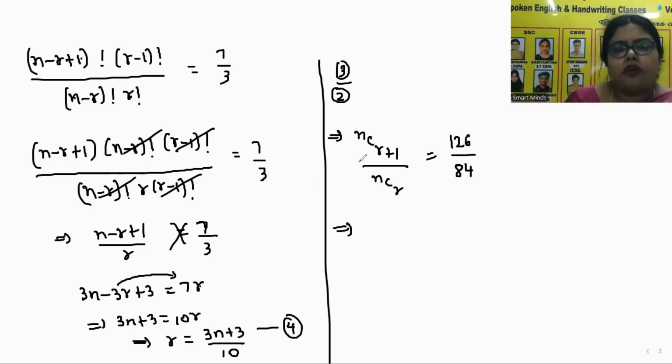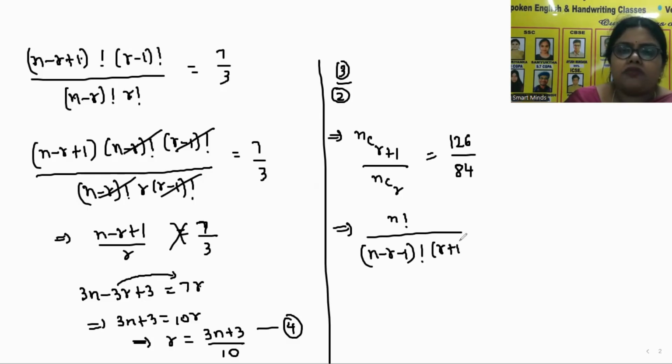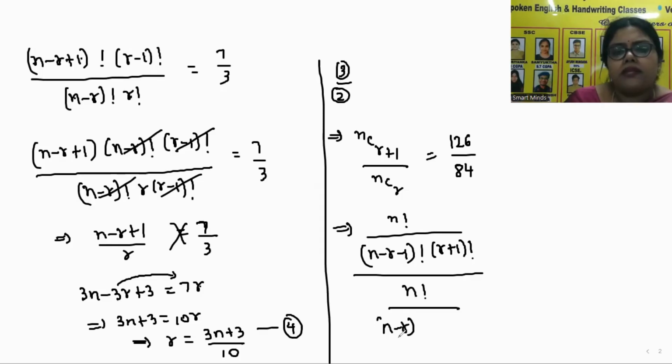What is the nCr formula? n factorial by (n minus r) factorial into r factorial. So this is n factorial by (n minus r minus 1) factorial into (r plus 1) factorial, divided by nCr, which is n factorial by (n minus r) factorial into r factorial.